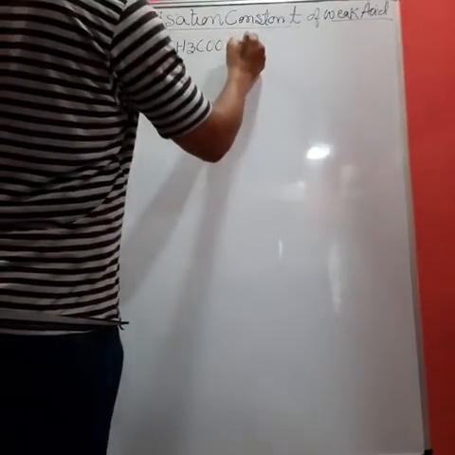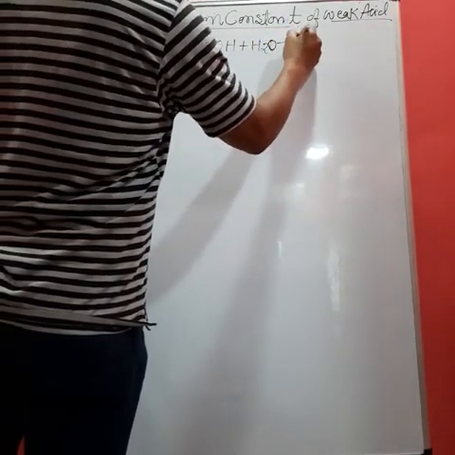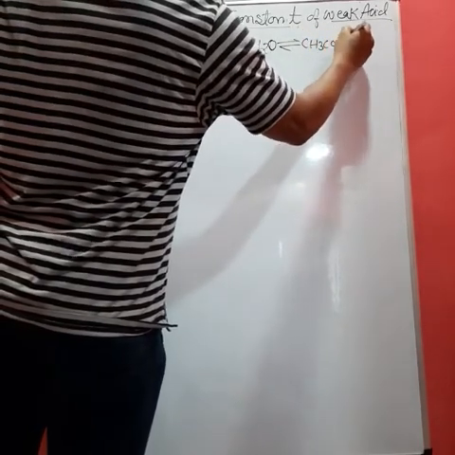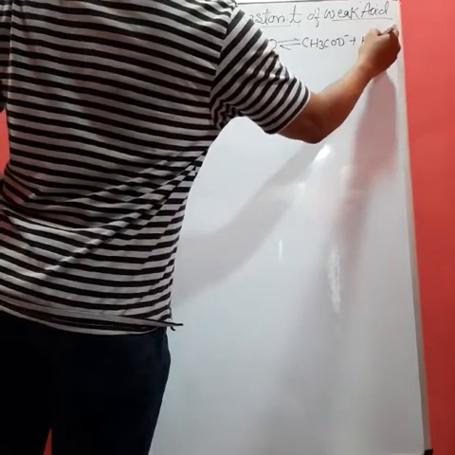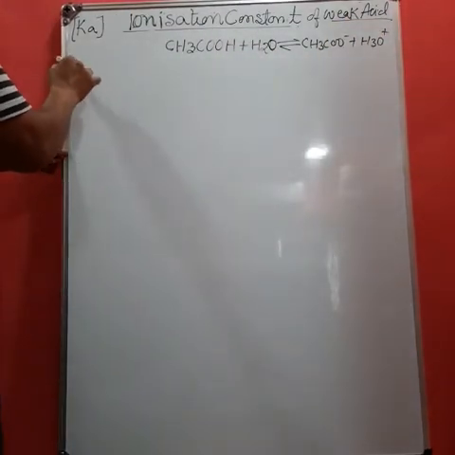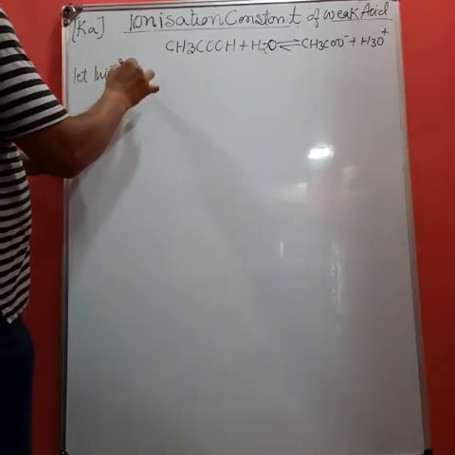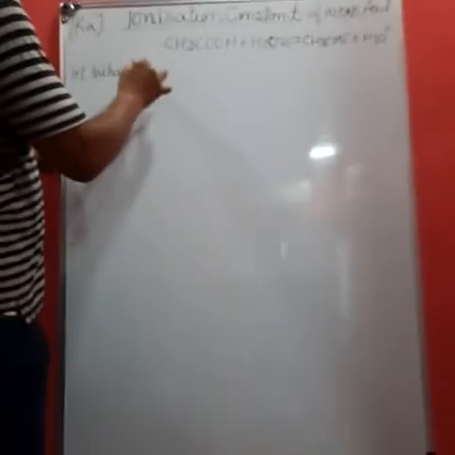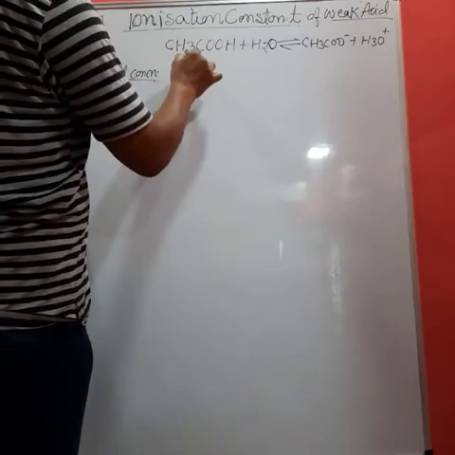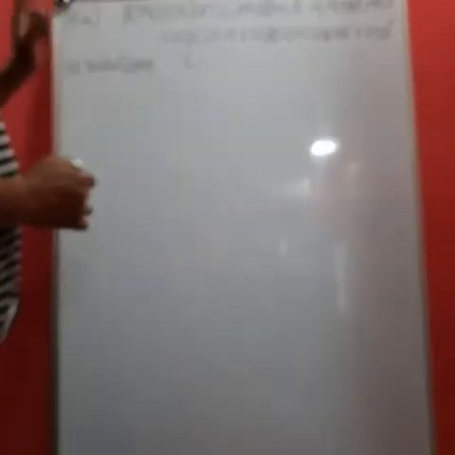So acetic acid, when dissolved in water, ionizes as CH3COO anion plus H3O cation. Isn't it? Let the initial concentration of acetic acid be denoted by C, which stands for concentration.